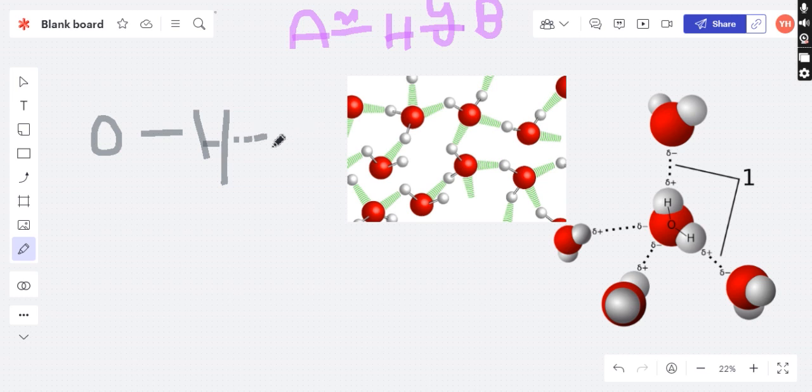But this one O should be electronegative, which is F, O, N. A short thing that you can remember: fluorine, oxygen, and nitrogen, but less electronegative than this A atom, right?